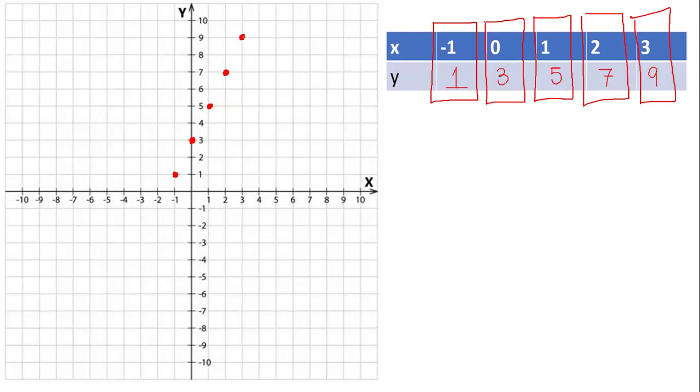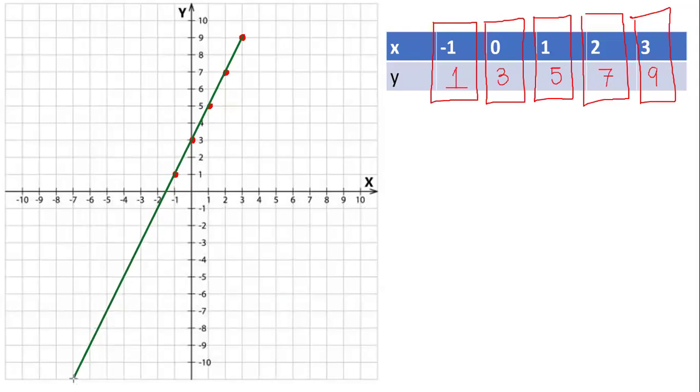Right, 3 and 9. And so all I'm gonna do is connect these. So let's go ahead and connect them. And I'm gonna connect it all the way down. Is it connected?